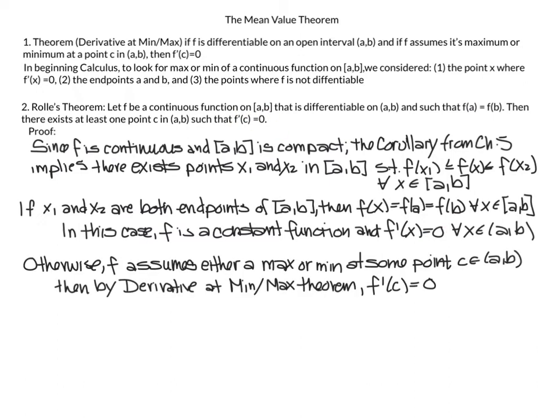Otherwise, f assumes either a max or min at some point c in the interval, and by this theorem about the derivative at a min or max being equal to 0, that means at this point c, where there's either a min or max, f prime of c must equal 0, which is also exactly what we wanted to show. In either case, we have shown there is a point c where f prime of c is equal to 0.